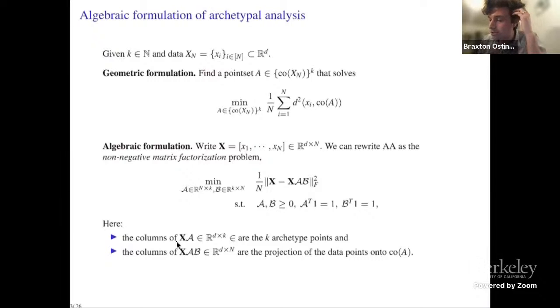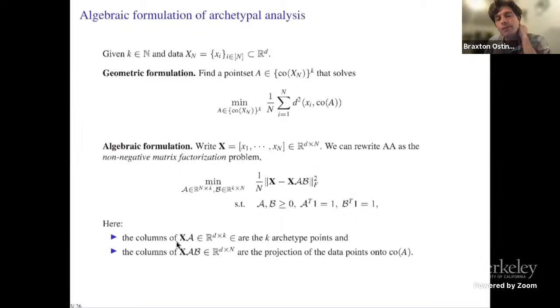I presented this using the geometric formulation of the problem. There's also an algebraic formulation that looks like a non-negative matrix factorization. If I stack the data into columns of a matrix X, then I can write this as the non-negative matrix factorization problem of trying to approximate X by X times AB, where A and B are column stochastic matrices.